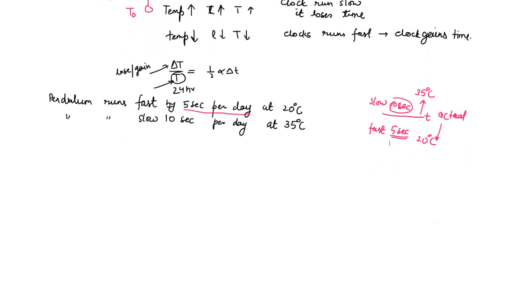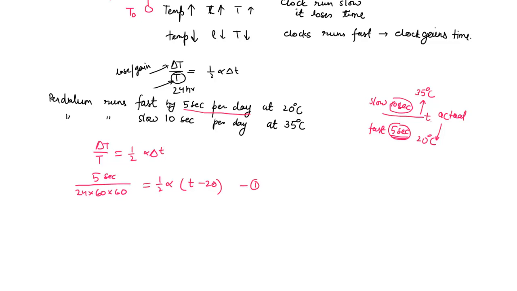So we can write from this equation delta T by T equals half alpha delta T. This is 5 upon, 5 seconds out of 24 hours, I mean 24 into 60 into 60, equal to half alpha, and this will be equal to t minus 20. It becomes fast by 5 seconds at 20 degrees Celsius, but the actual temperature is t, so the change in temperature will be this much.